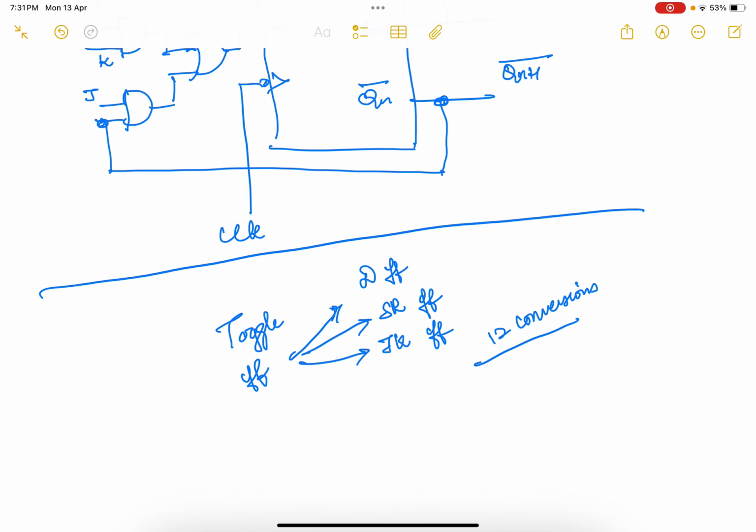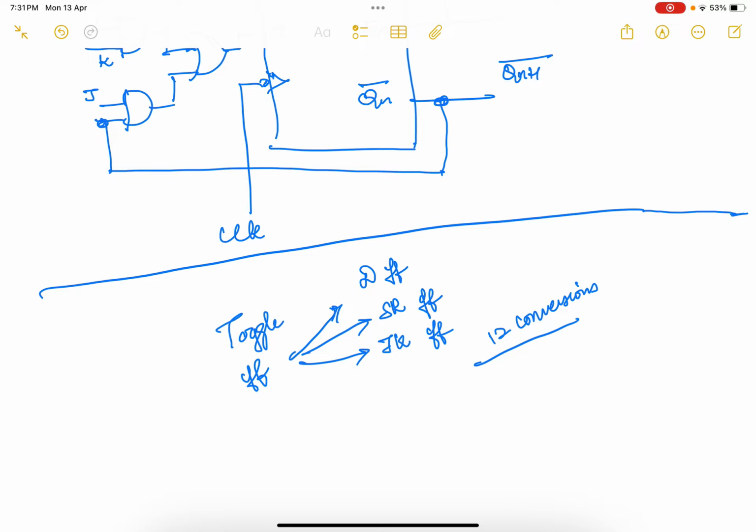We will see in the next lecture the multiplexer practical implementation, that is how to implement your mux.